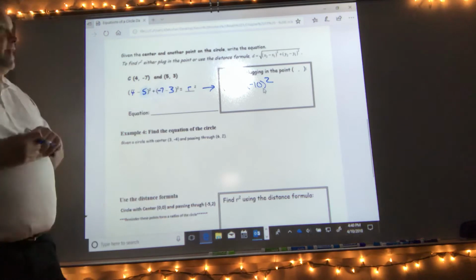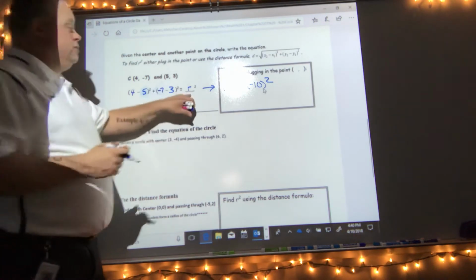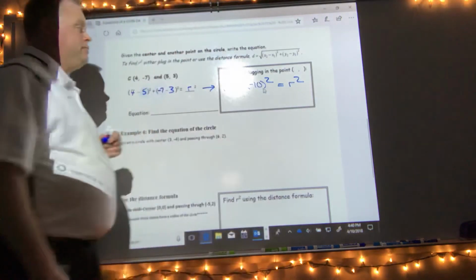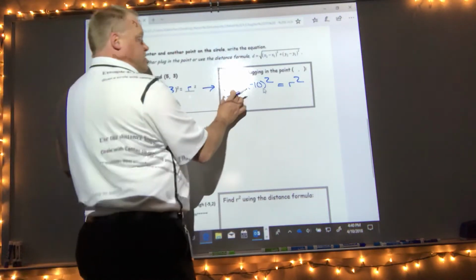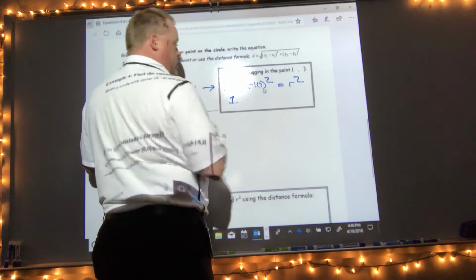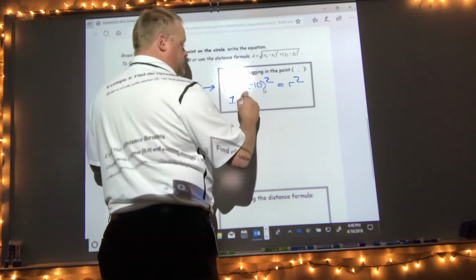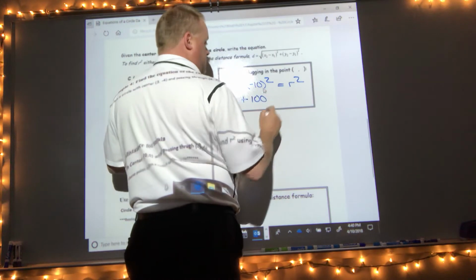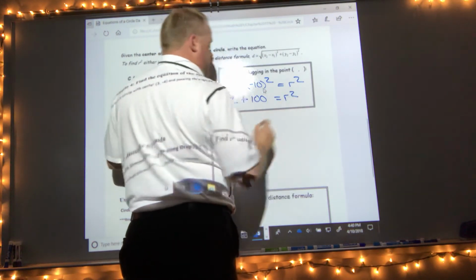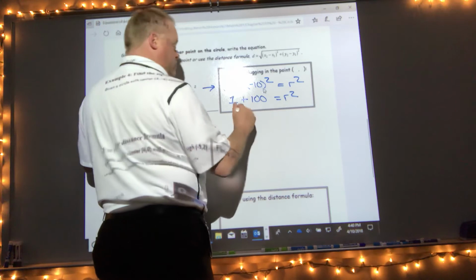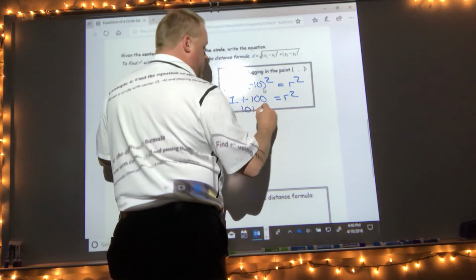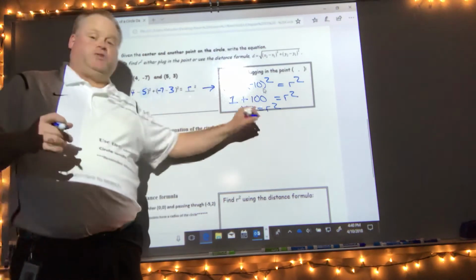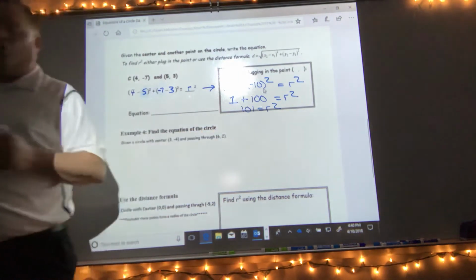I'm still looking for r squared. -1 squared is 1 plus -10 squared is 100. That's still equal to r squared. Add those two together. 101 equals r squared. So I know that my r squared term is 101.